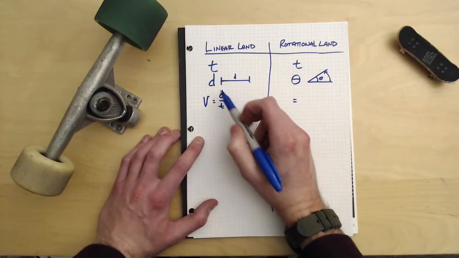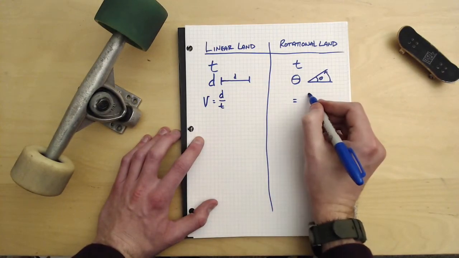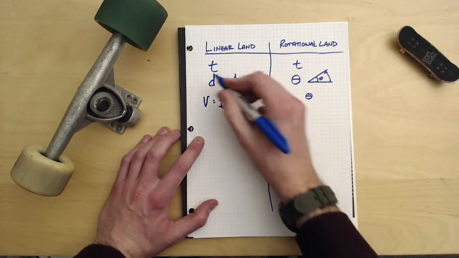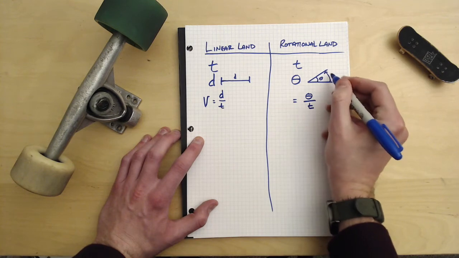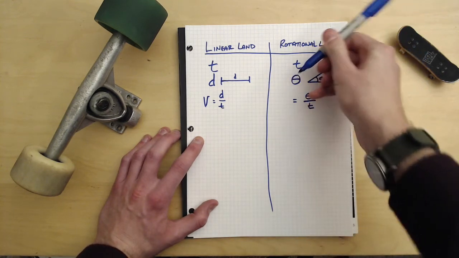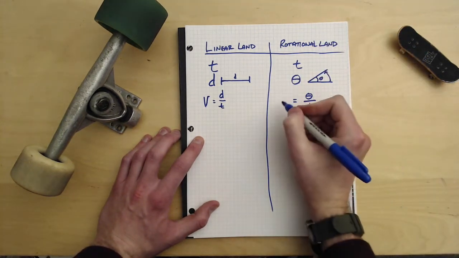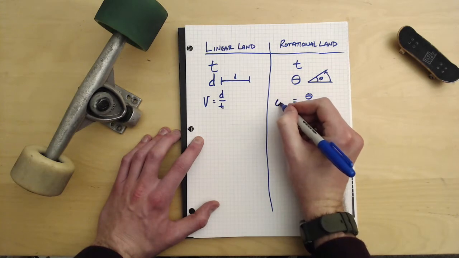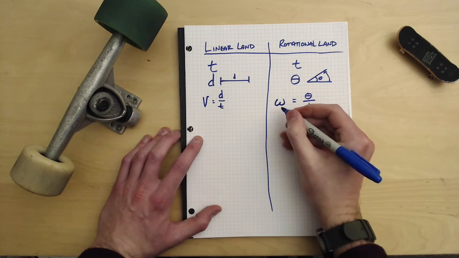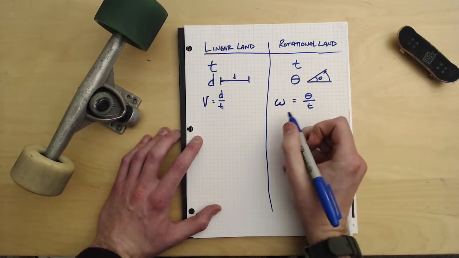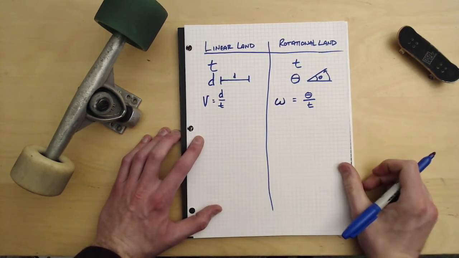For distance, we're going to have a theta, and remember that time is just the same. So theta over time, how fast it's spinning, we're going to call that the Greek letter omega. It looks like a curvy W. Omega is what that one is.